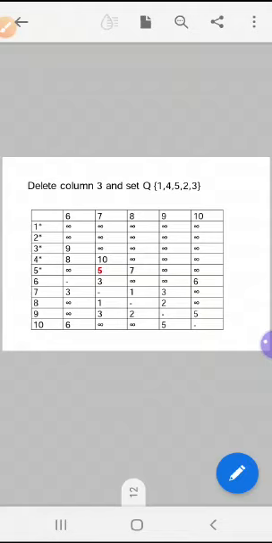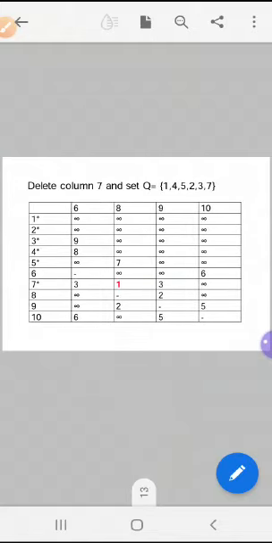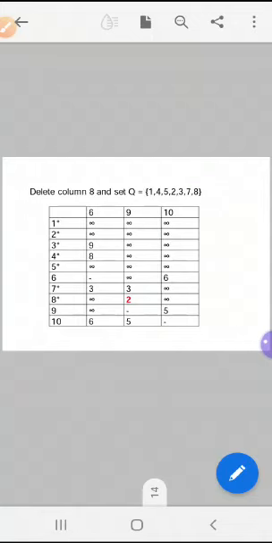Now look at the rows 1, 2, 3, 4, 5. So all the rows have stars. Look at the elements of these rows and find the smallest. Here 5 is the smallest and 5 corresponds to the 7th column. So delete the 7th column and mark the row 7 using a star. So repeat this step. For the next iteration, the smallest number is 1. 1 corresponds to the 8th column. So delete the 8th column and mark a star in the 8th row.